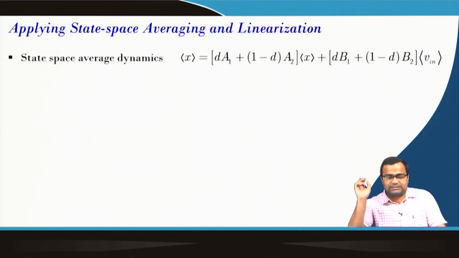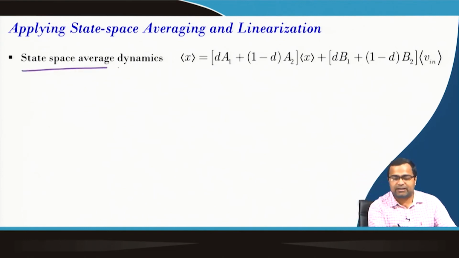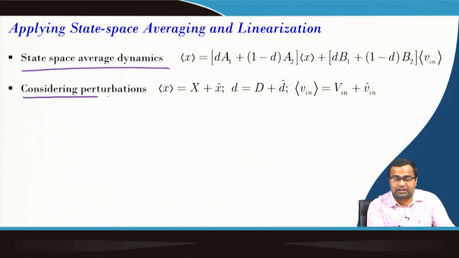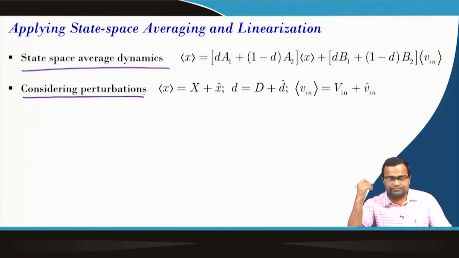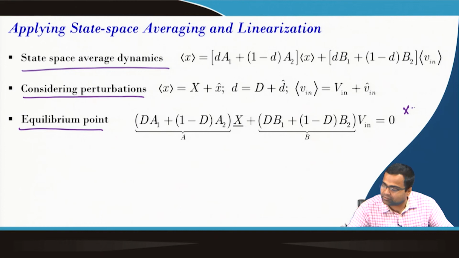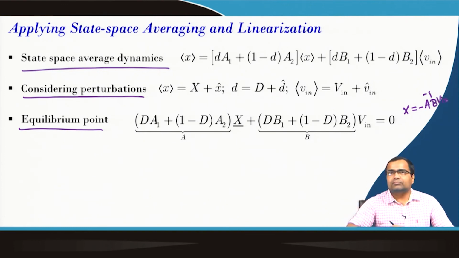So, applying the state space averaging technique that we discussed, first we have to obtain the state space average dynamics, then we have to consider the perturbation that we discussed already, then we have to find the equilibrium point, and from here we can find x equal to minus A inverse B into Vin, where we discussed A is invertible.